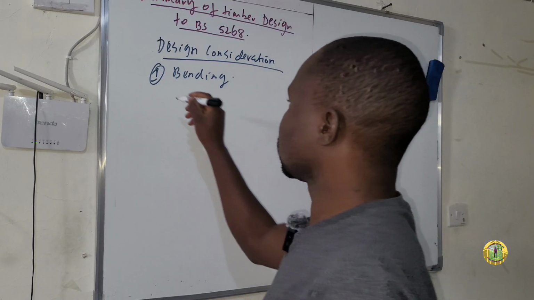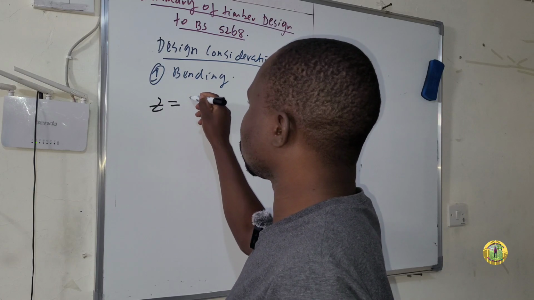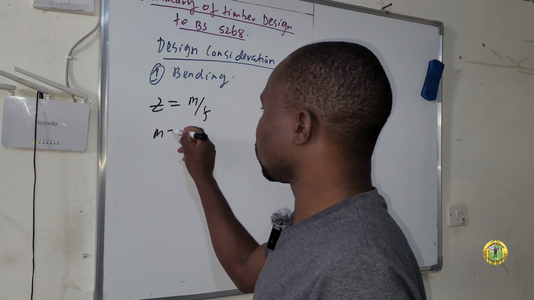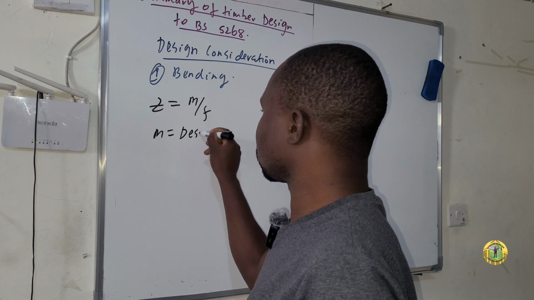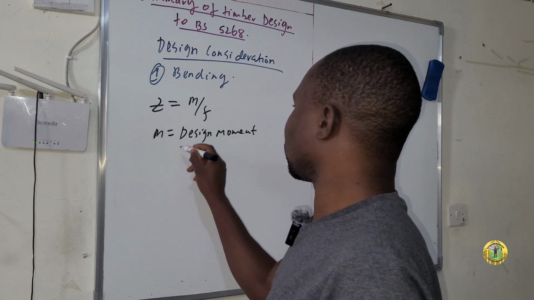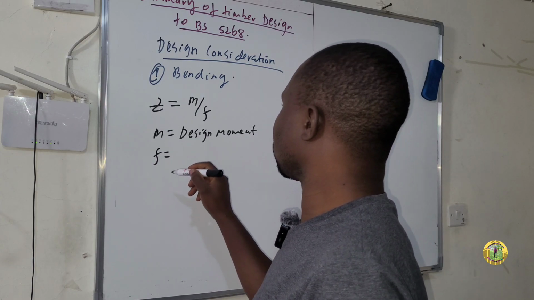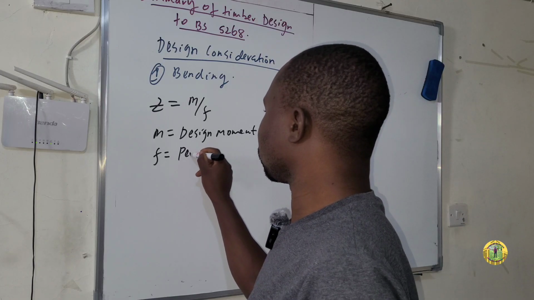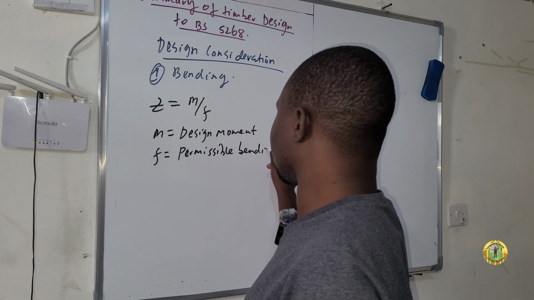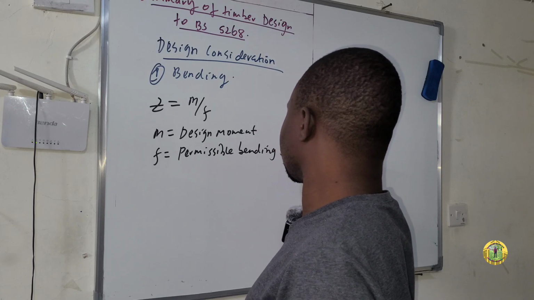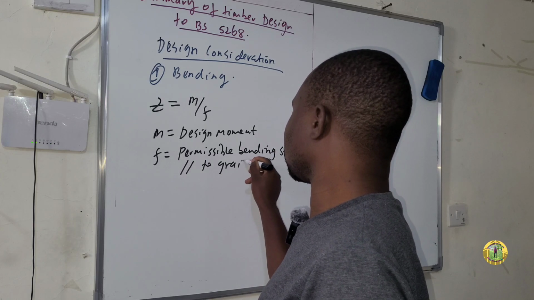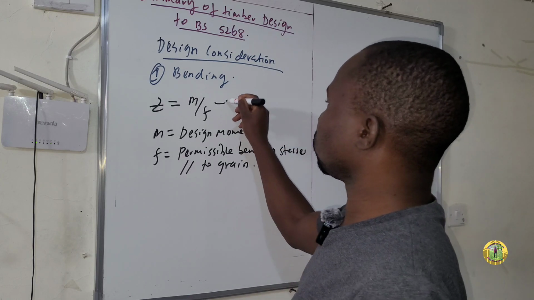Z is equal to M over F, whereby M is equal to design moment and F is equal to permissible bending stresses parallel to grain.